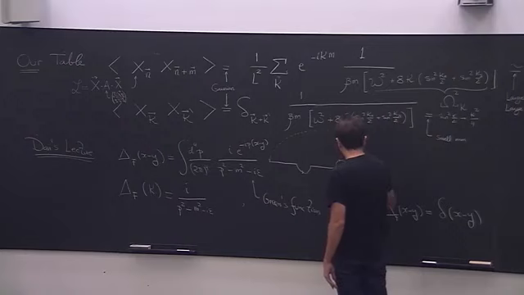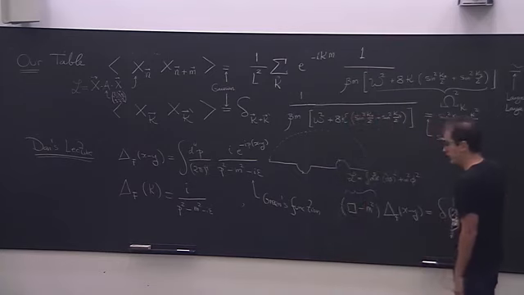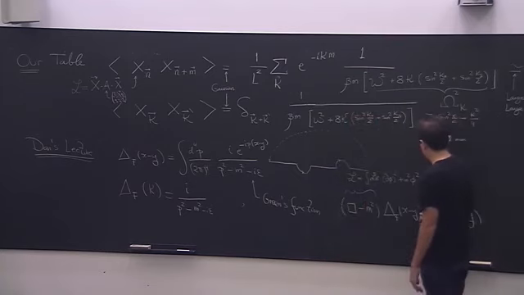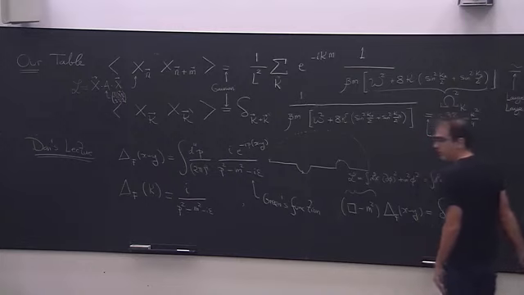The free field action is some integral d^dx of (∂φ)^2 plus m^2 φ^2, which if you integrate by parts becomes the integral d^dx φ (−box plus m^2) φ.